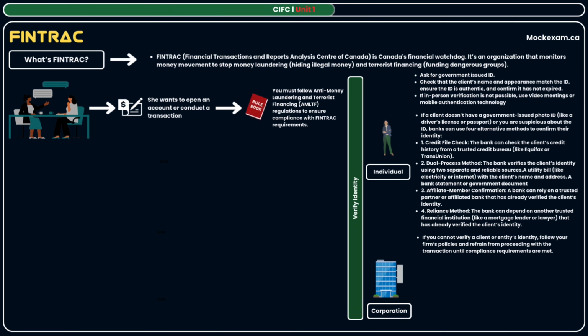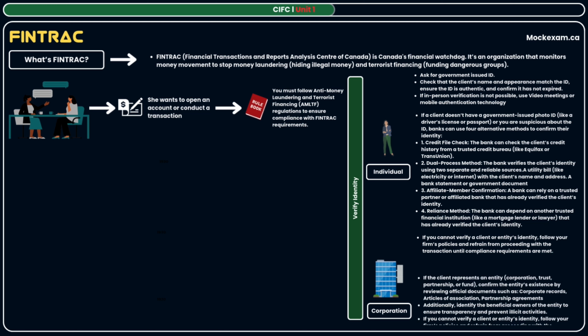Now, sometimes we do face corporations. It's not always about individuals. How do we identify and verify the identity of corporations? If the client represents an entity like a corporation or trust or partnership or fund, like a pension fund, confirm the entity's existence by reviewing official documents such as what?